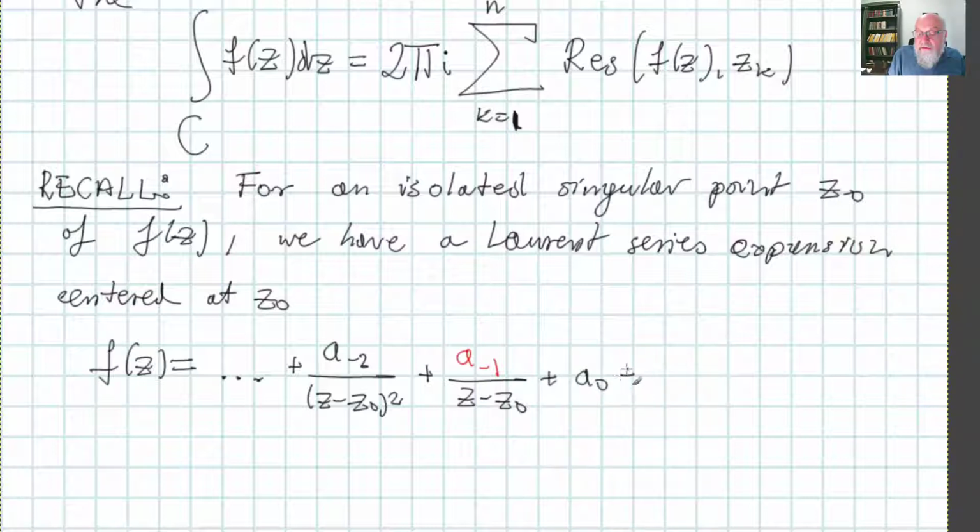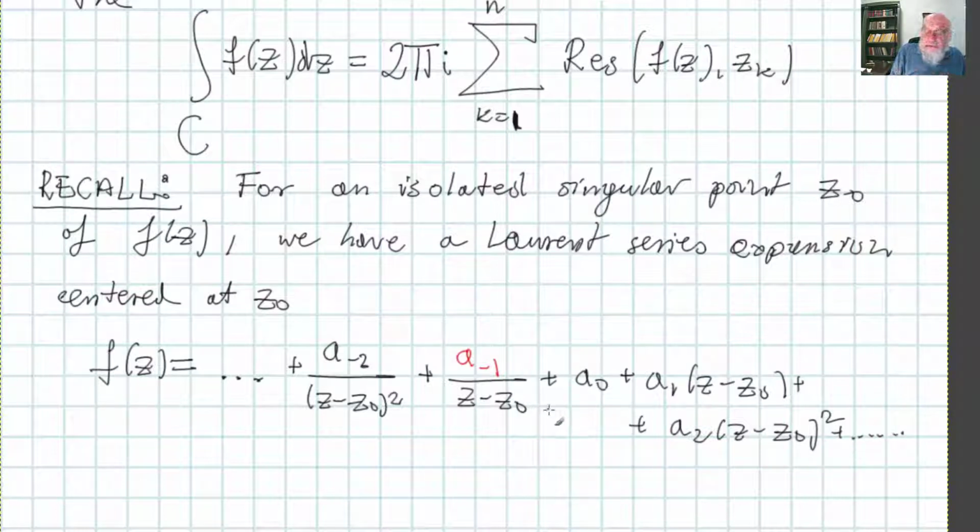Plus a0 plus a1 (z minus z0) plus a2 (z minus z0) squared, and possibly many others.